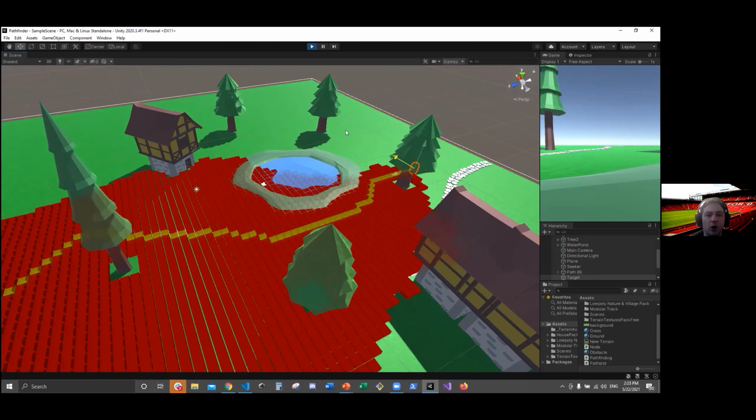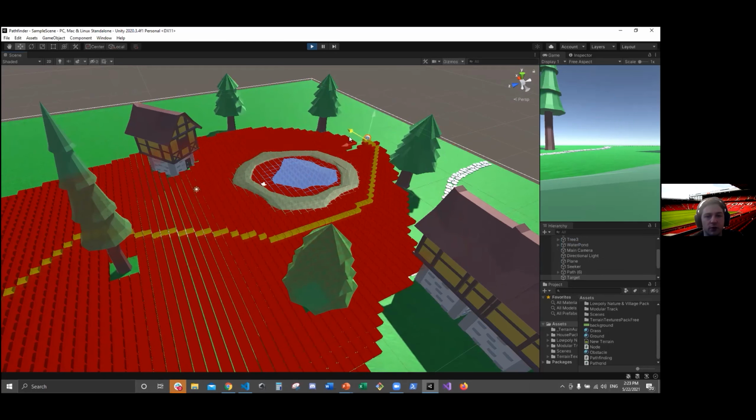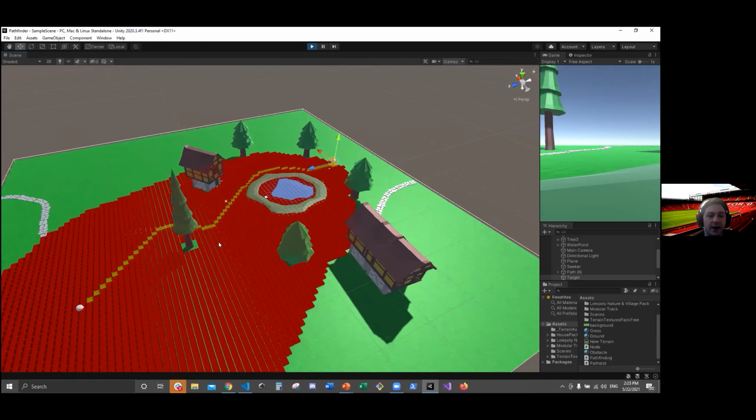Let's go behind this pond, and you can see how strongly it's trying to avoid the pond because of the huge movement penalty it would take. And in this way, we can really make it look like our pathfinding algorithm is quite intelligent.